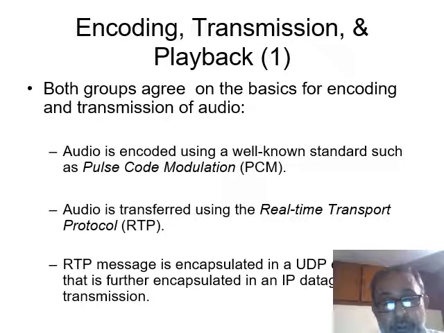So the audio is transferred using the real-time protocol. Real-time protocol is basically placed at layer 5. The real-time message is encapsulated in a UDP datagram, which is further encapsulated in an IP datagram, or the third layer datagram, for transmission.